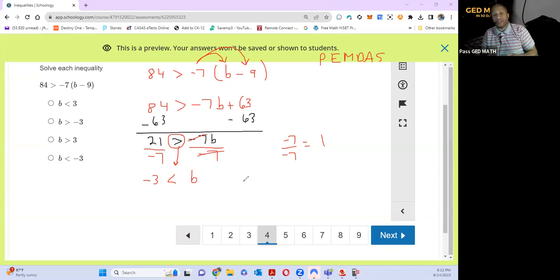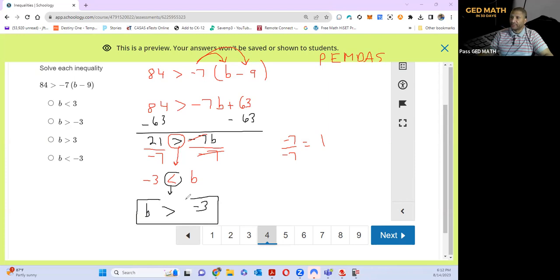But with inequalities, the last step is you want your variable on the left side. So what you're going to do is you're just going to switch the two values. But when you switch the two values, you must also switch the inequality one more time. So the final answer here will be b greater than minus 3.